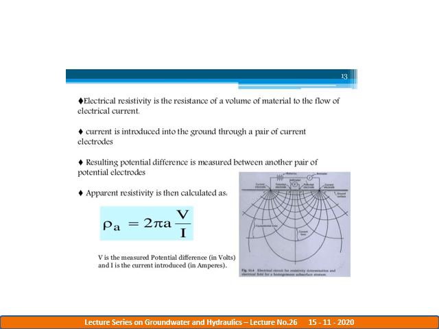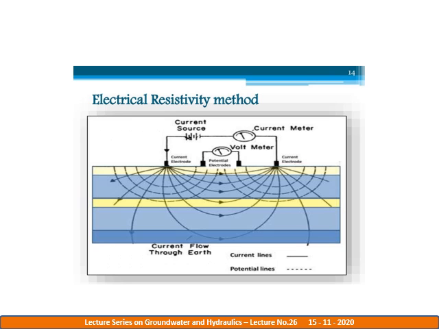Current is introduced into the ground through a pair of electrodes. The resulting potential difference is measured between another pair of potential electrodes. Apparent resistivities can be calculated through the given values. This is how the electrical resistivity method works.